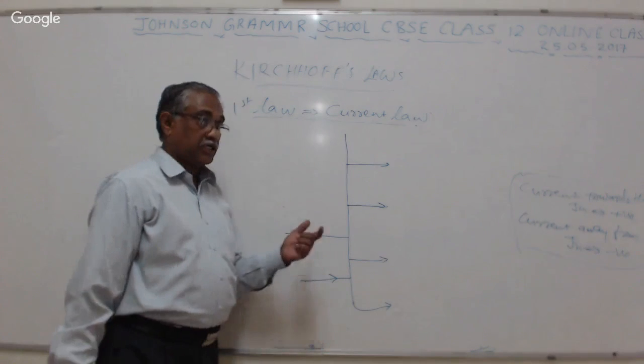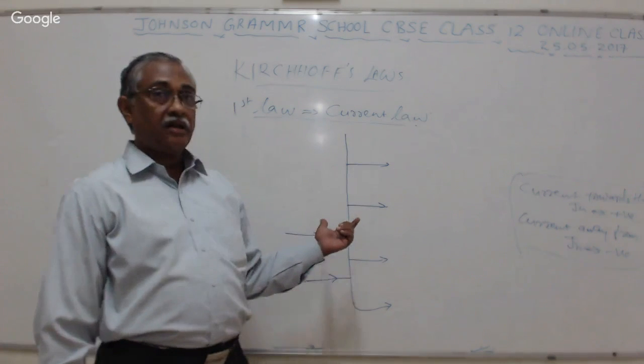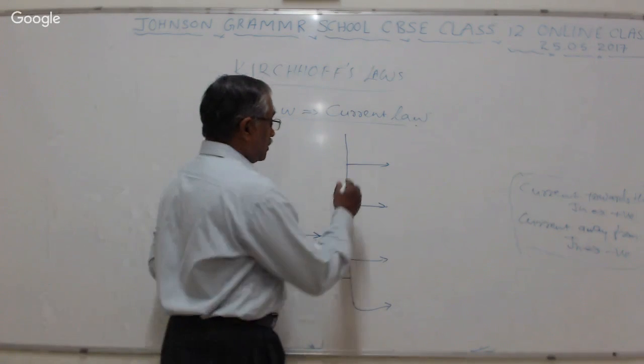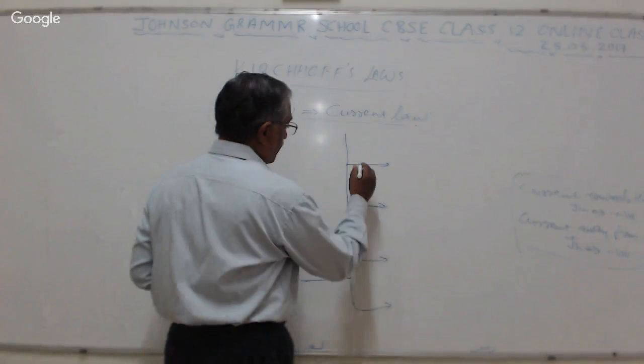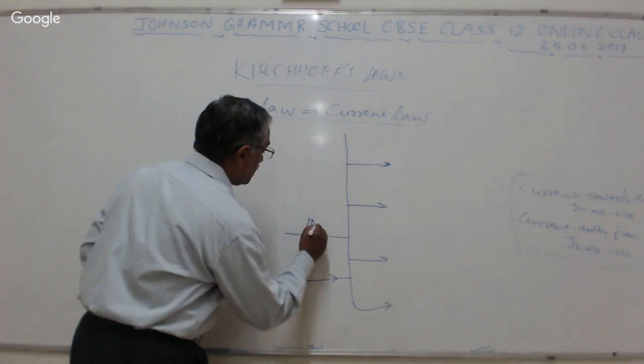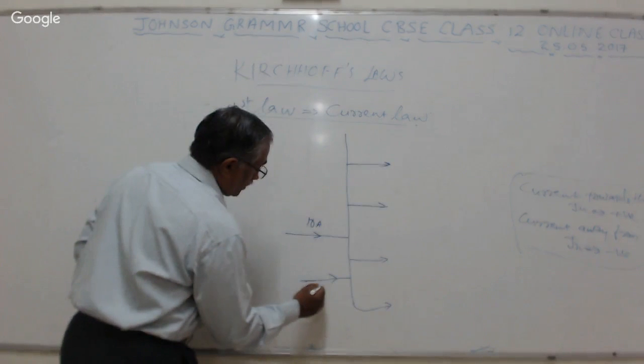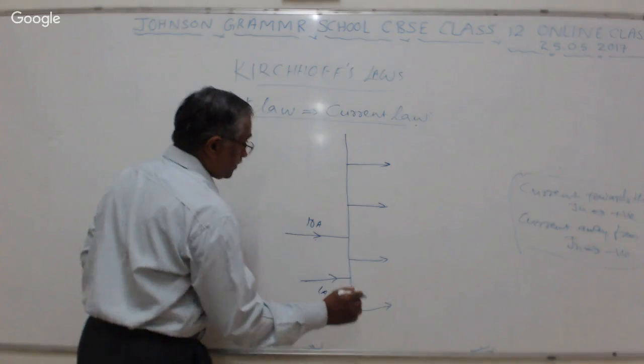We cannot easily tell which is parallel and which is series in this kind of circuit. At this part, a 10 ampere current is coming in here, and 1 ampere current is coming in here.